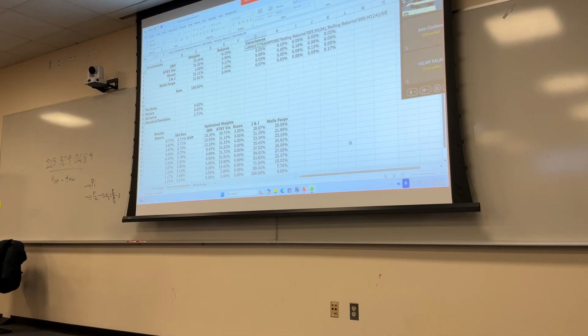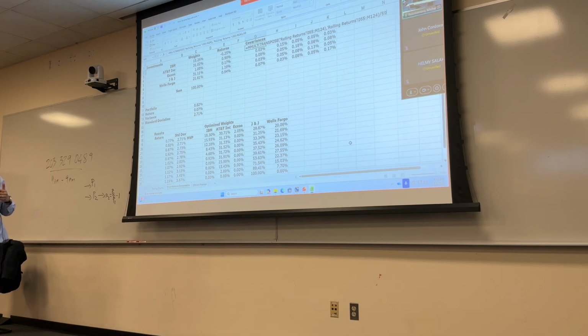Now, the whole idea, of course, is to have a particular target return and find the portfolio, or the weights, that minimize the risk, right? That was the idea.